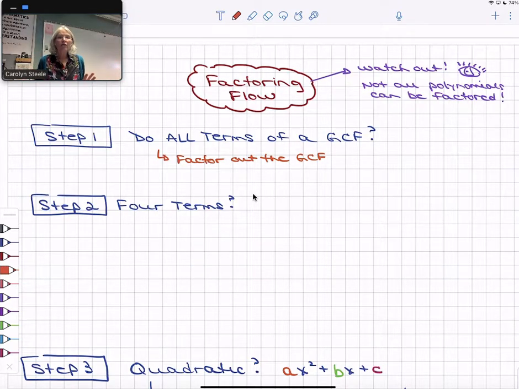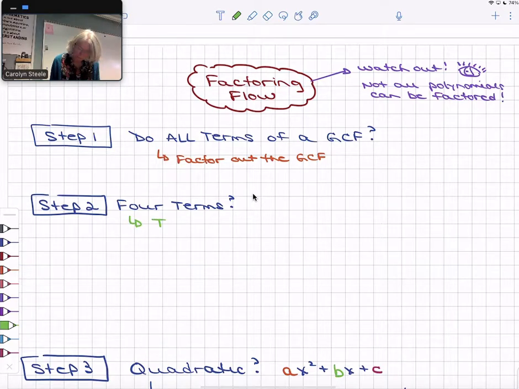Okay, the next thing you check for is, does the polynomial have 4 terms? And we'll go through an example of this. If it does have 4 terms, you're going to try to factor by grouping. I'm putting try because sometimes it will work and sometimes it won't.